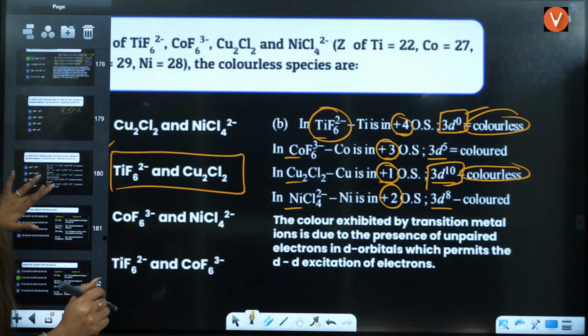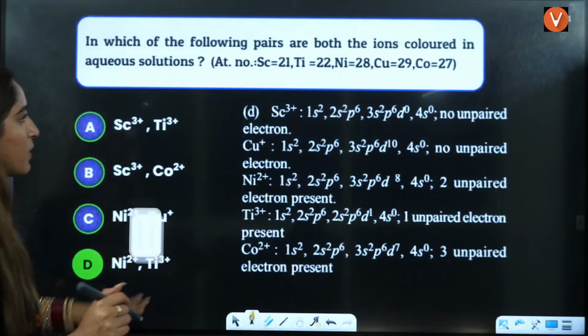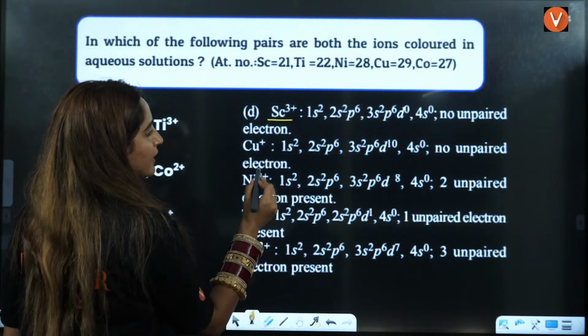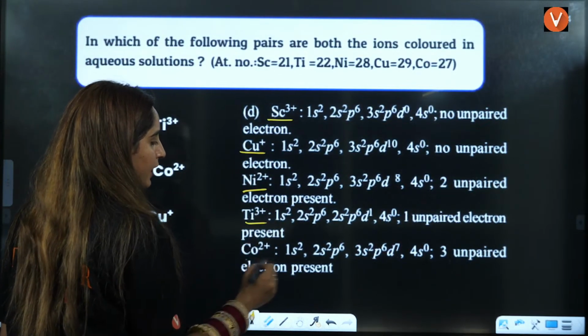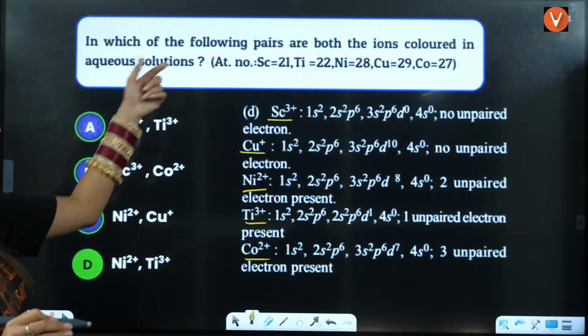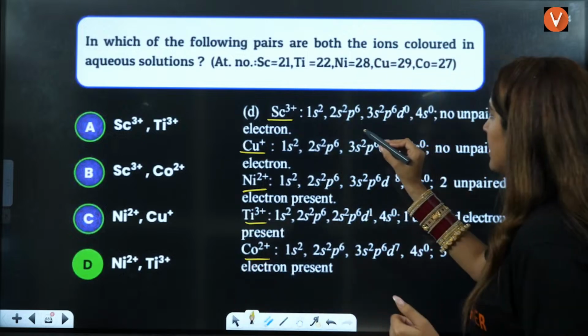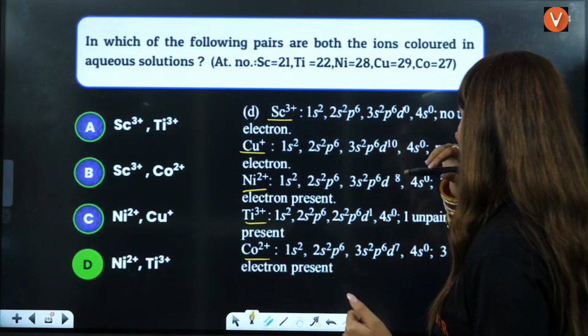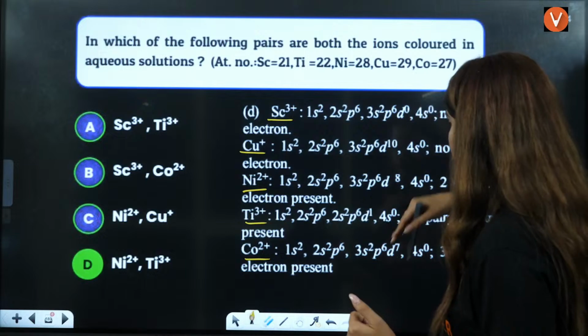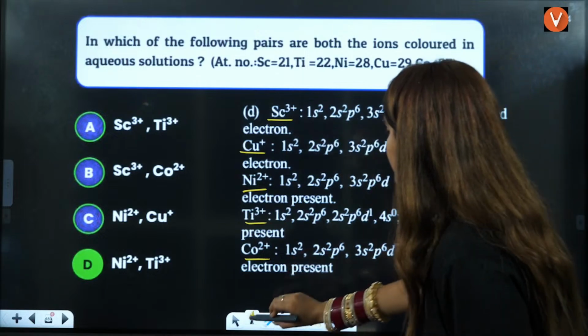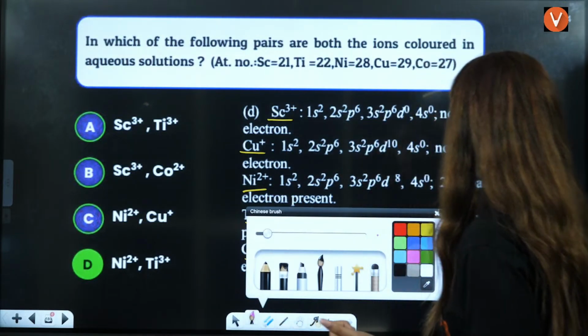Now we are just going to see how to answer this question here. If you see this, scandium, copper, nickel, titanium and cobalt, all of them, the pairs are given to you. Scandium 3 positive means, wait a minute, because I don't like the electronic config, I don't write it like this now. So I'll just write it myself.